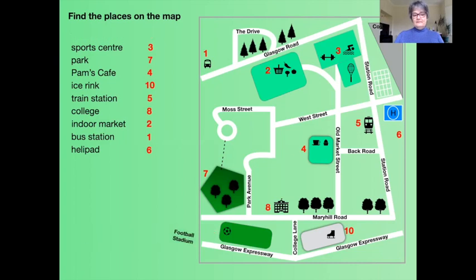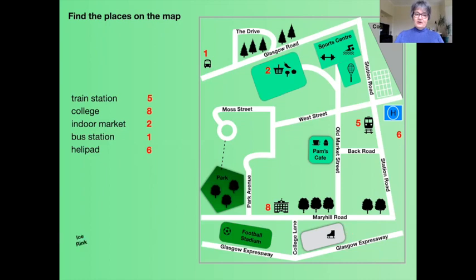Football stadium. That's on Glasgow Expressway. Sports centre. That's on Old Market Street. Park. That's on Park Avenue. Pam's Cafe. That's on Old Market Street too. The ice rink is on Glasgow Expressway.